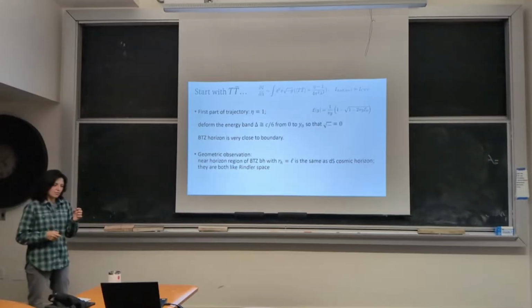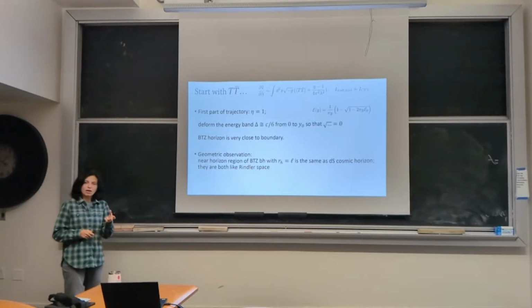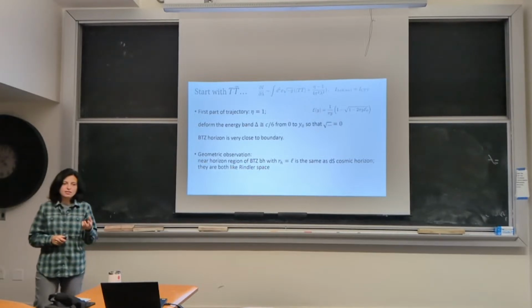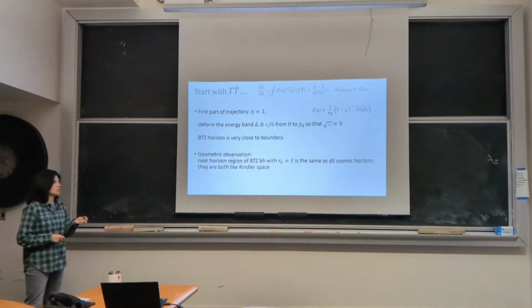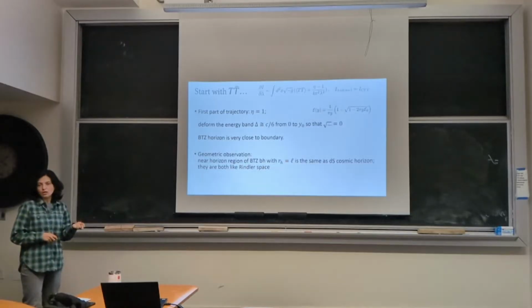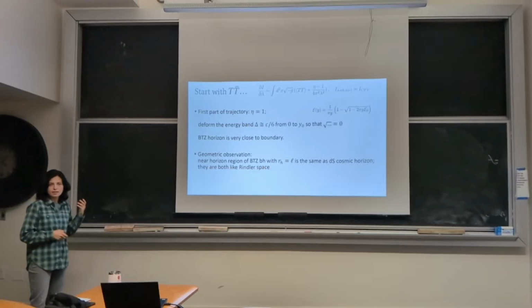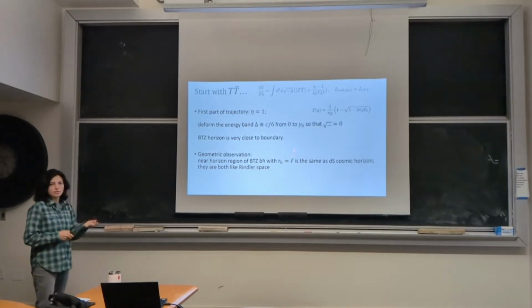If you zoom in near the horizon of the BTZ, the geometry is not distinguishable from the near horizon region of a cosmological horizon with the same length. L previously was the AdS length, now it's the de Sitter length.